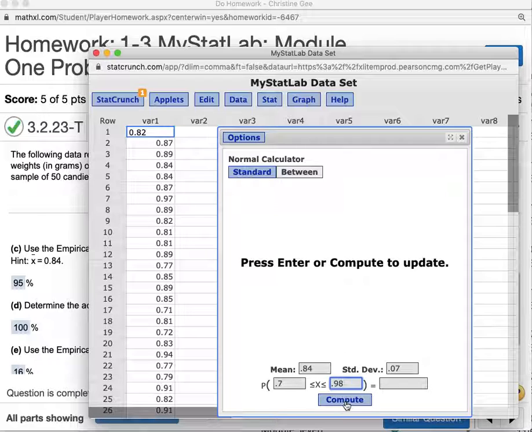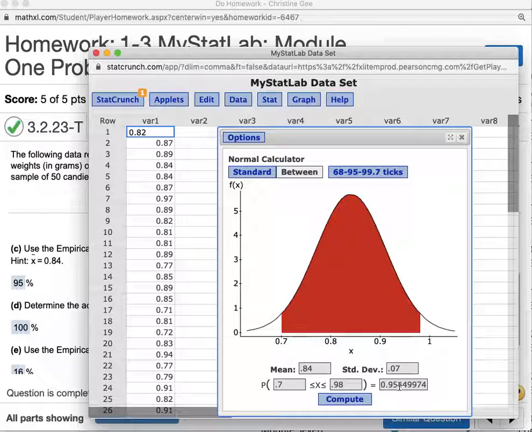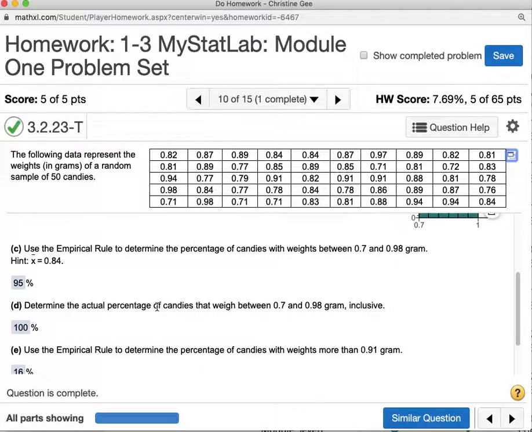And so that's 95%. This area under the curve is 95% of the data. Only 100% would be if it included everything. So 95%.